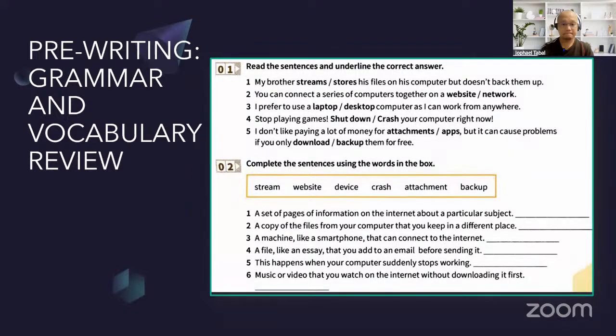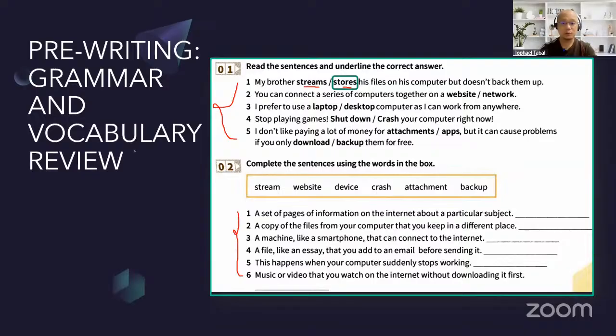Now let's check some new vocabs, okay? So we have here number one, we have to choose which of the two is correct. So for example, my brother stores his files on his computer but doesn't back them up. So let's check the vocabs here, numbers 1 to 6.